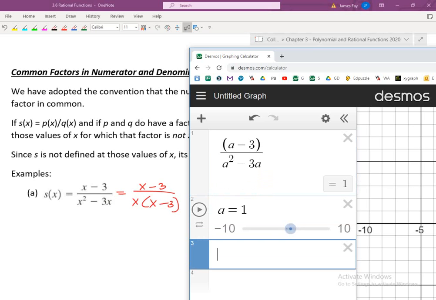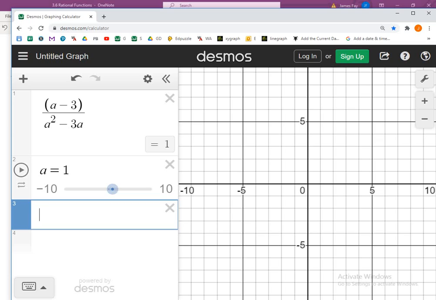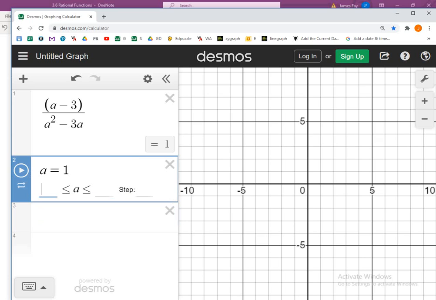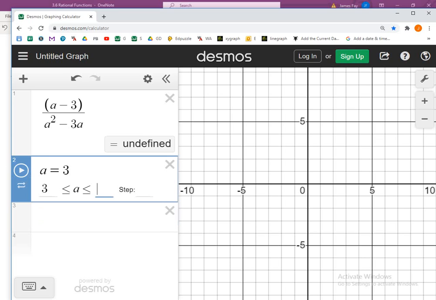Let's go to the right of 3, like 3.1. Obviously it's undefined at 3 because that would be division by 0.